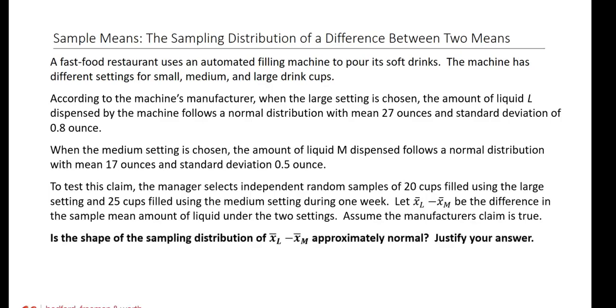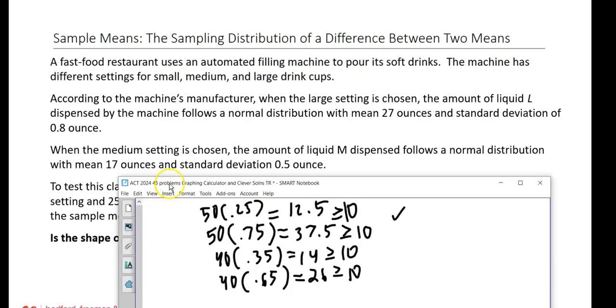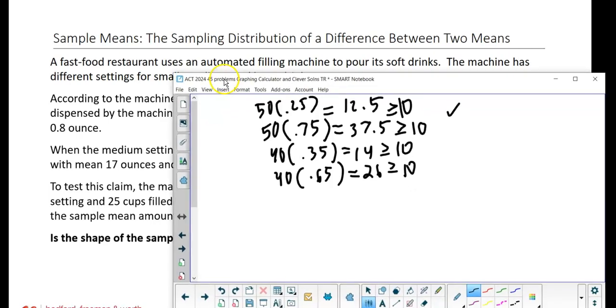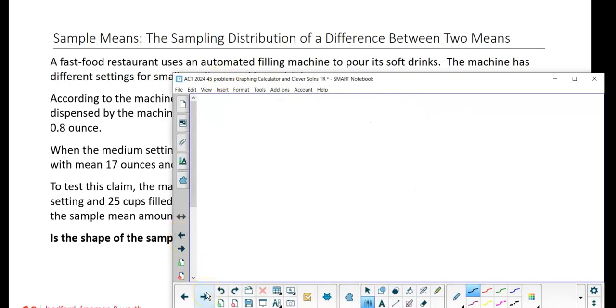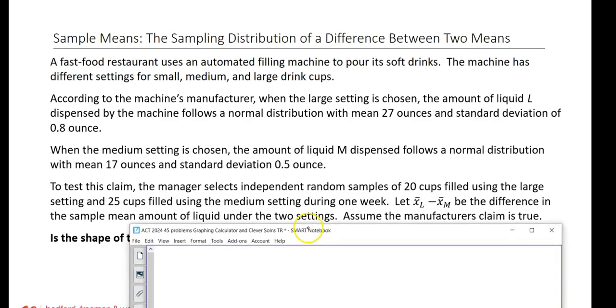Is the shape approximately normal? So what you would need to do at this point is, it's actually pretty quick, right? One sample is 20 cups, and the other one is 25.